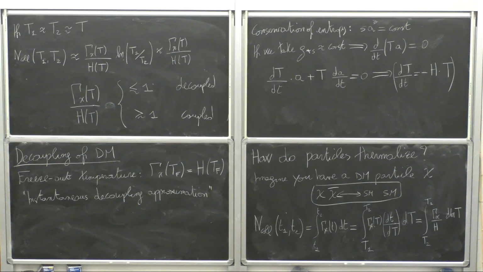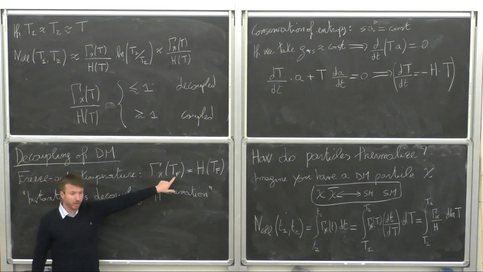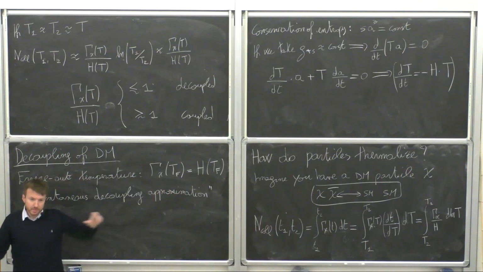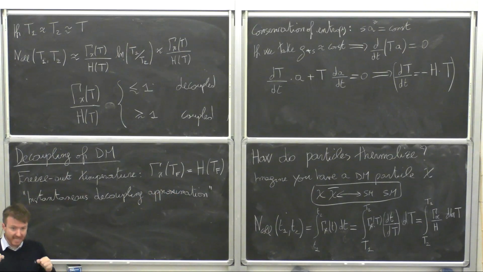We say that for temperatures above Tf, dark matter particles are perfectly coupled, and immediately after, dark matter particles are completely decoupled. So we treat freeze-out as a sudden phenomenon that happens at the given temperature: before, they are coupled; after, they are not coupled. And this is needed if we want to be able to provide estimates like we are doing today.